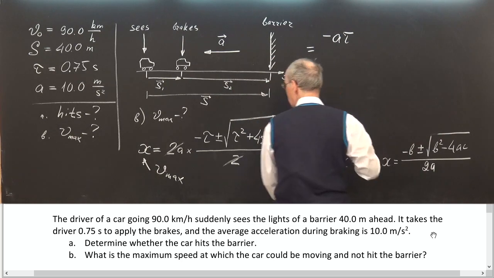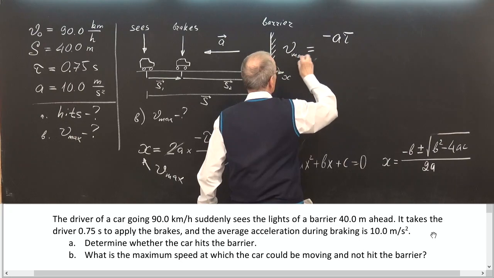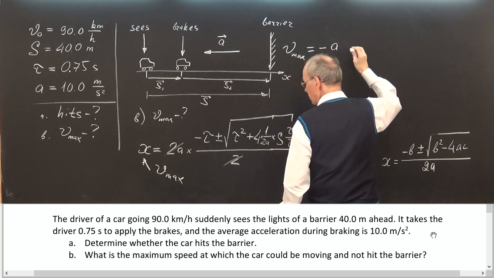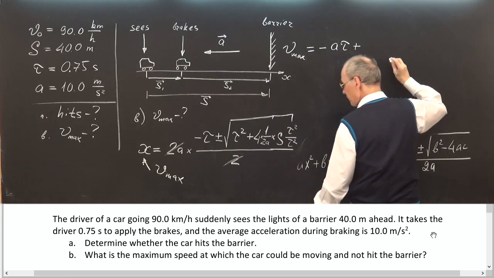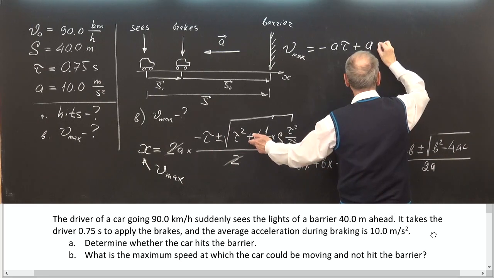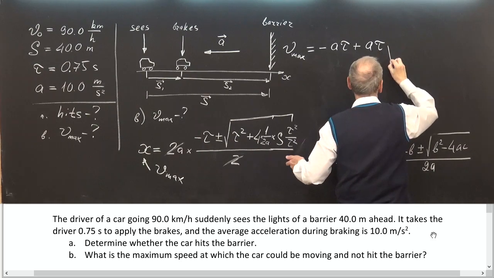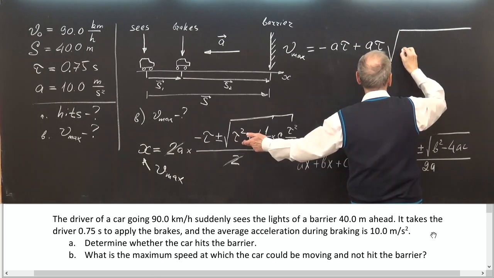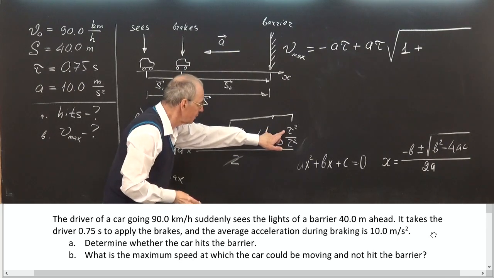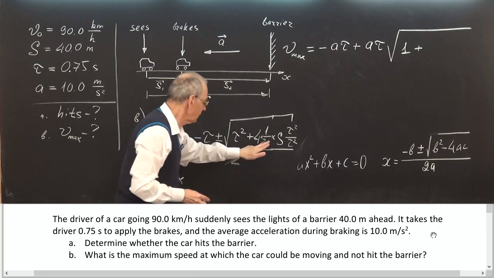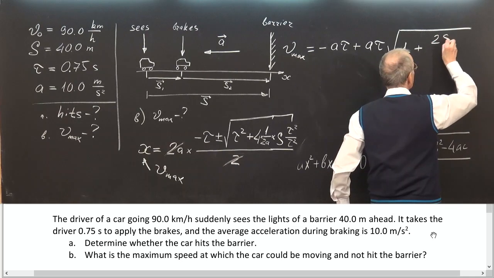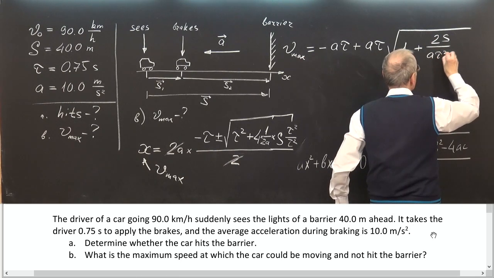And here let's write V max equals minus a tau plus a tau from the root, 1 plus 2s over a tau squared.